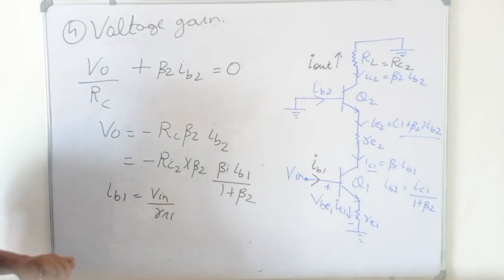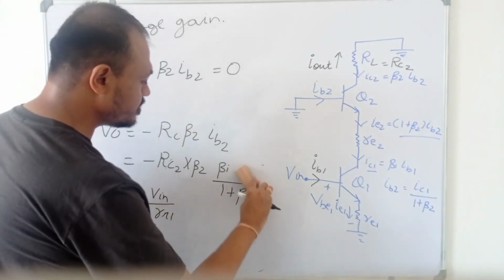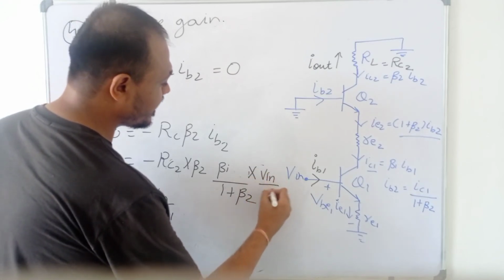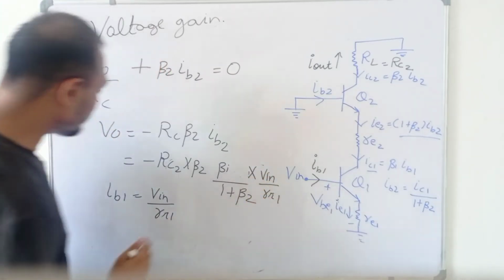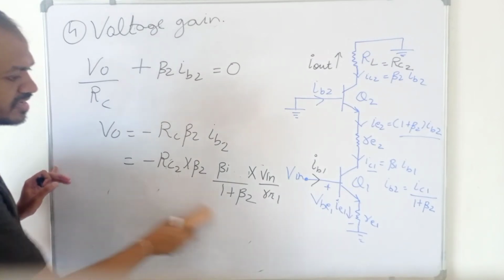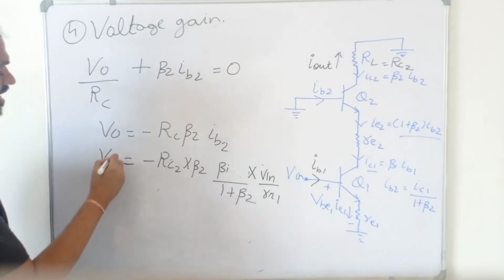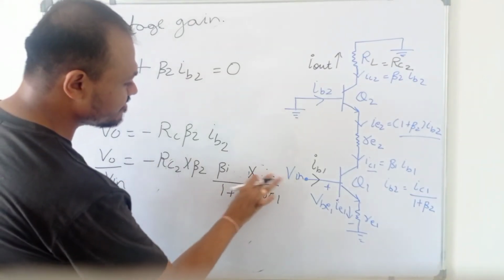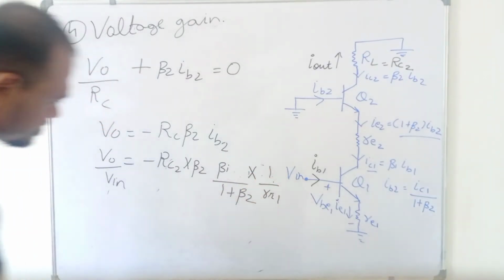So we can substitute that here into V in upon R pi 1. So taking this V in here, we get V naught upon V in is equal to the voltage gain.